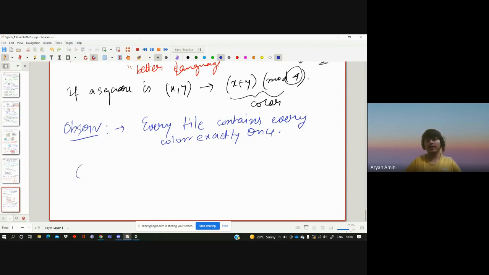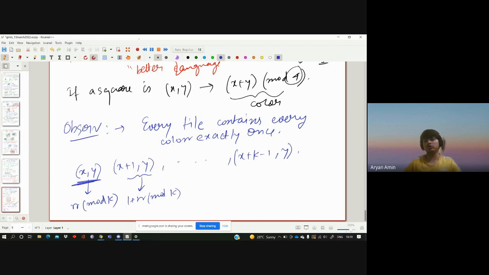Suppose the tile started at x comma y, and it was a horizontal tile covering x comma y, x plus 1 comma y, and so on up to x plus k minus 1 comma y. Suppose x plus y was r mod k. Then the colors are r, then 1 plus r mod k, then 2 plus r mod k, and so on till k minus 1 plus r mod k.